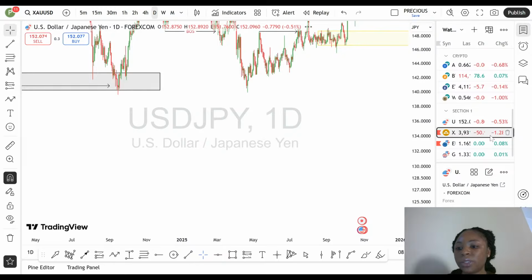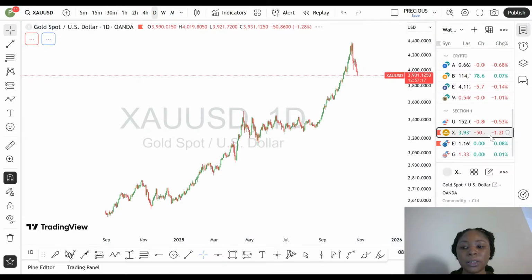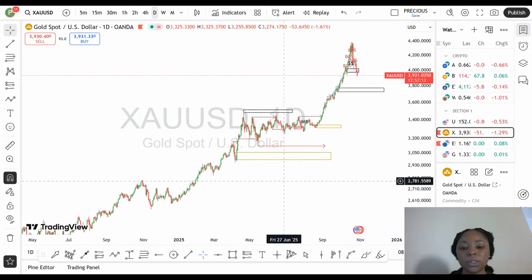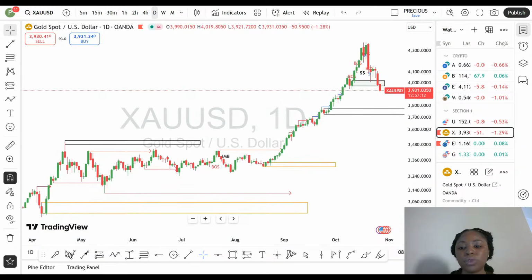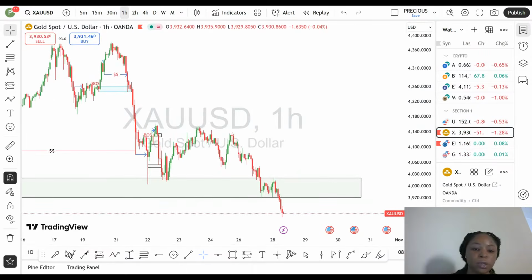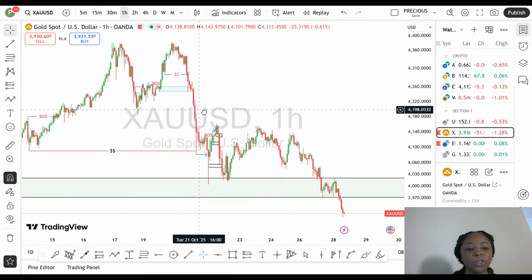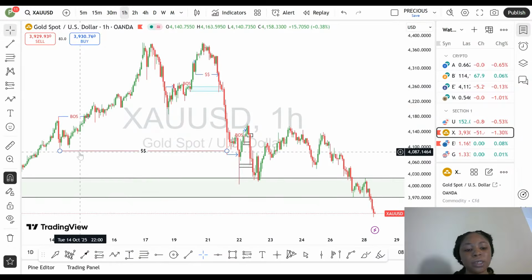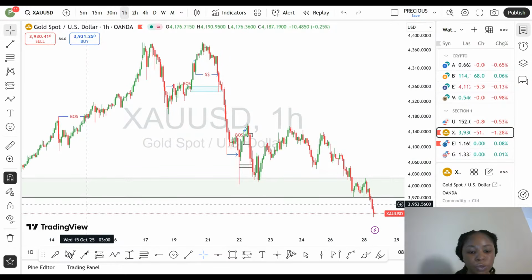gold is selling really hard. And I feel it's restricting on USDJPY to sell as well. Gold is selling very hard. Gold created a break of structure to the downside.